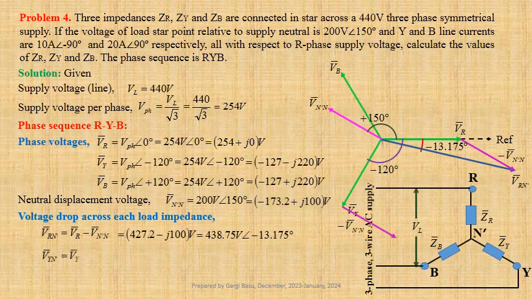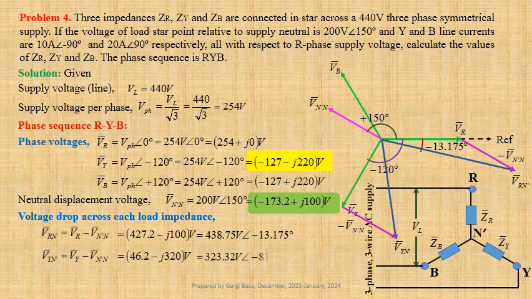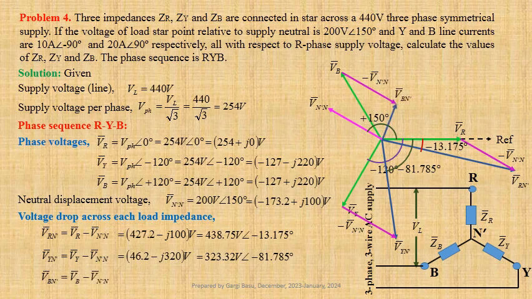Vyn dash equals Vy minus Vn dash n. Using values we get 46.2 minus J times 320 volts. In polar form, this may be written as 323.32 volt at an angle minus 81.785 degree, and Vbn dash equals Vb minus Vn dash n.